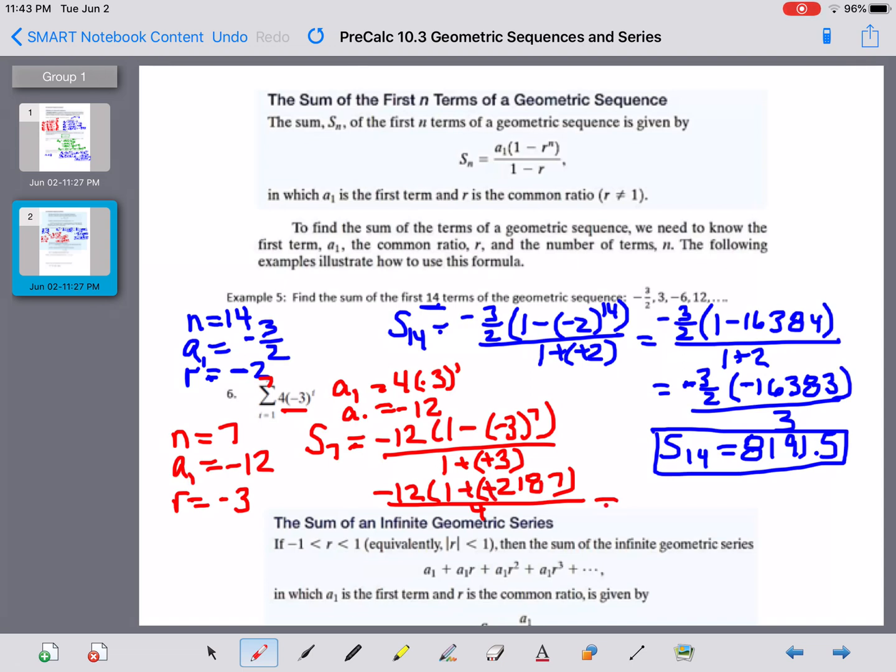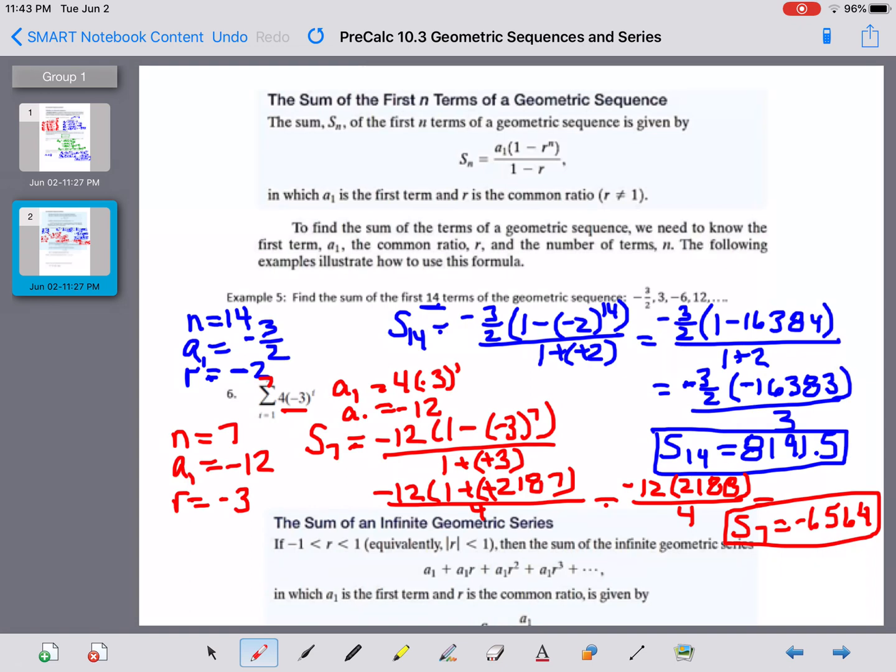So it looks like I have negative 12 times 2,188. When I add that on, divided by 4, let the calculator do the work. And it looks like I get a sum, and this one is negative. Sum of my 7 numbers will be negative 6564. So again, if you have the formula handy, it's ready to go.